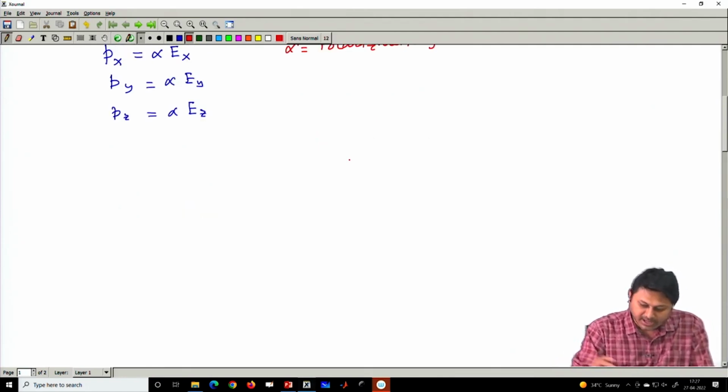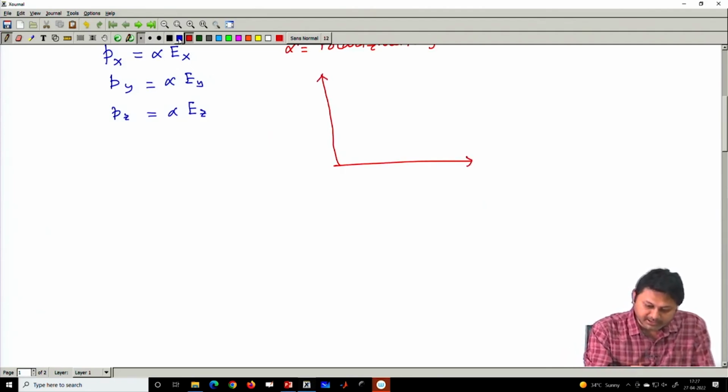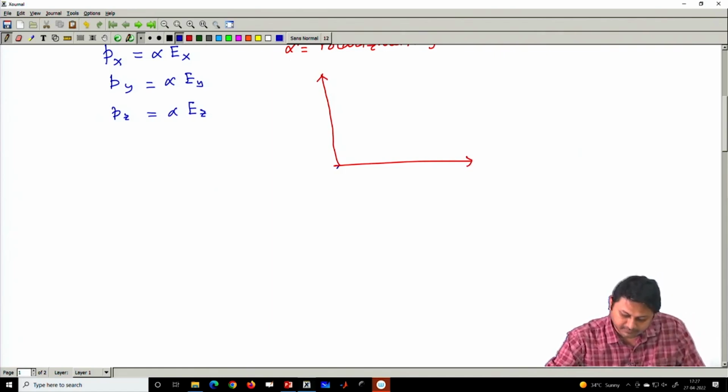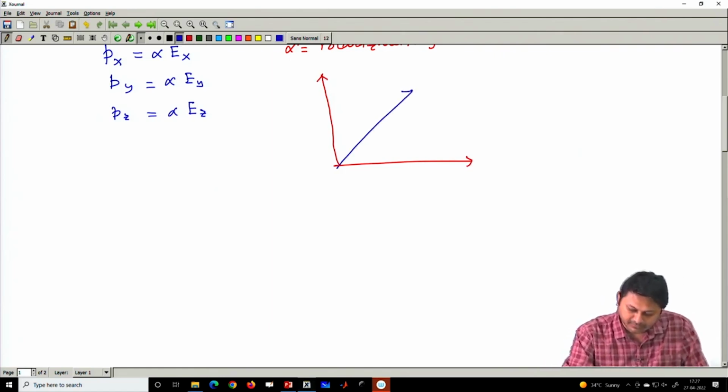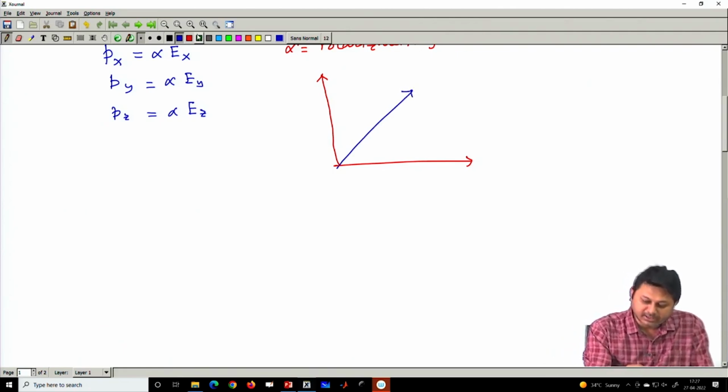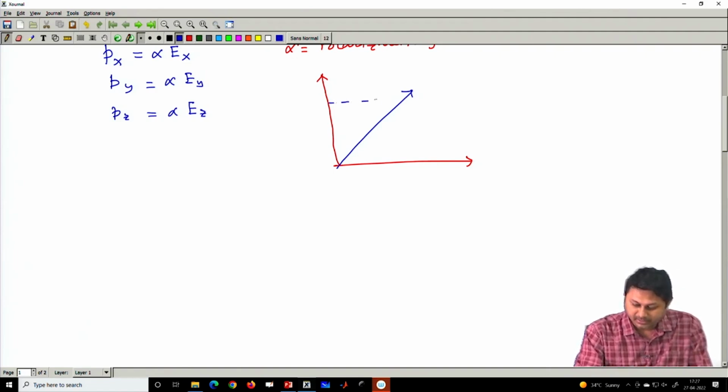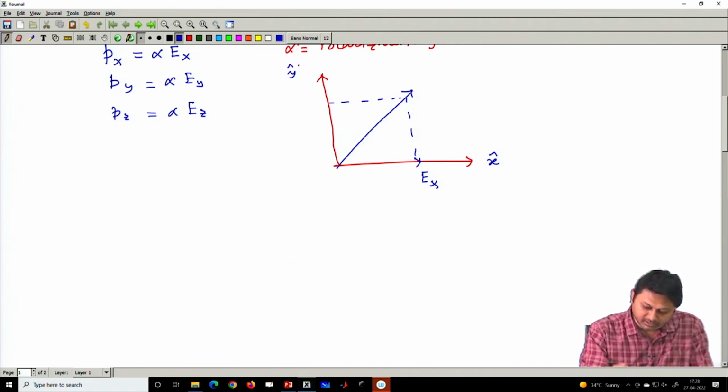Now, for this case, if I have a coordinate system like this and I apply the electric field at a 45 degree angle, I can write the two components of the electric field as Ex along the x unit vector and Ey along the y unit vector.